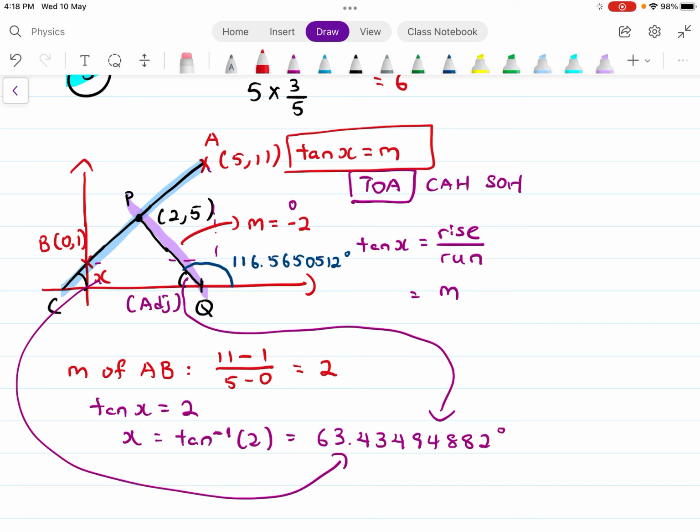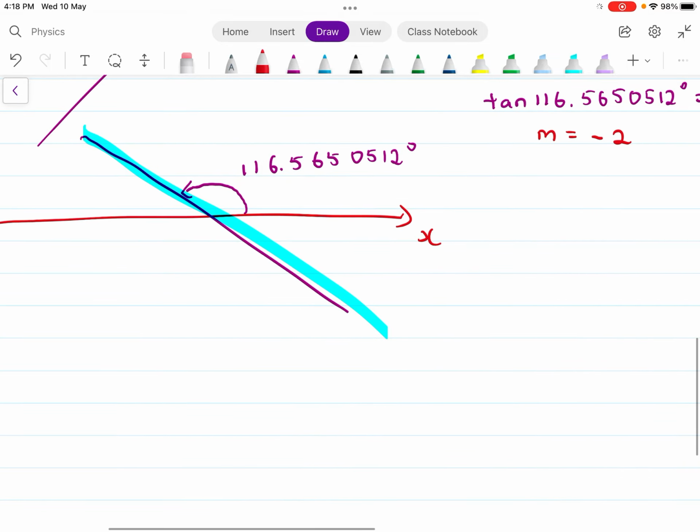Okay, how do I find the y-intercept? We have already finished the most difficult part of the question. The gradient is negative 2, and for the y-intercept, you simply sub in (2, 5). So for example, this is your PQ, with gradient negative 2, so y equals negative 2x plus c.